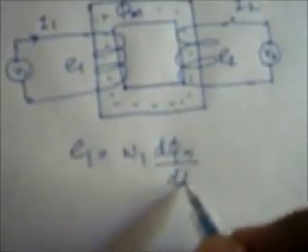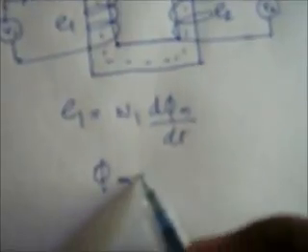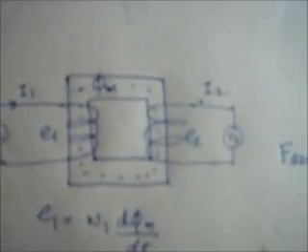By Faraday's law, E1 equals N1 d phi m by dt, where phi m equals phi max sin omega t, so E1 equals N1 omega phi max cos omega t. Similarly, E2 equals N2 omega phi max cos omega t. The total flux linking from coil 1 to coil 2 is the same.